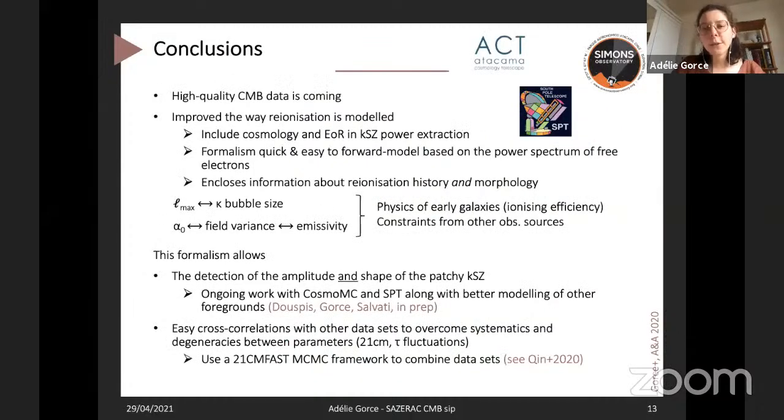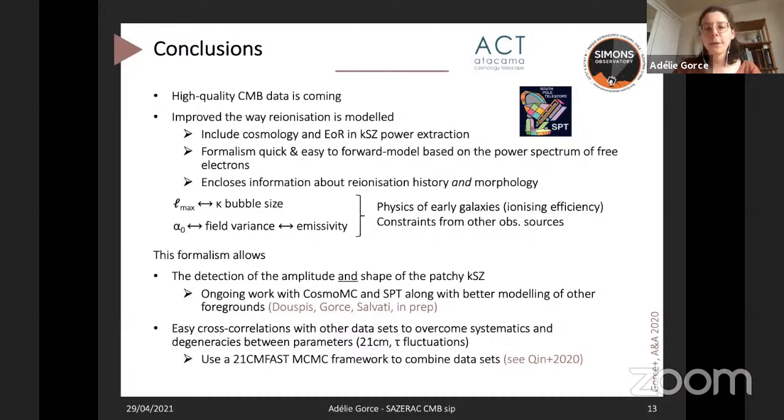As a conclusion, you probably all know that high-quality CMB data is still coming. To make the most out of it, we improved the way reionization is modeled in CMB data analysis, which also includes cosmology and reionization in the KSZ power extraction to encode information about reionization history and morphology.